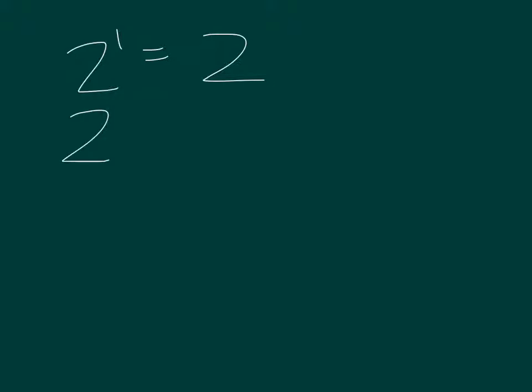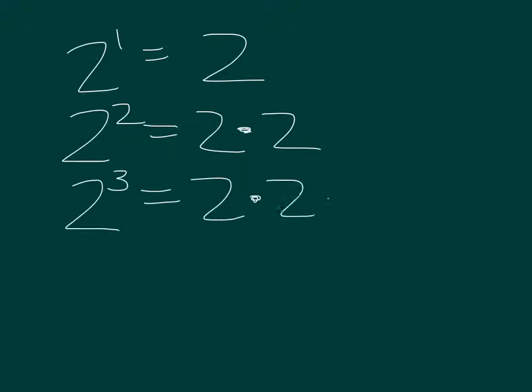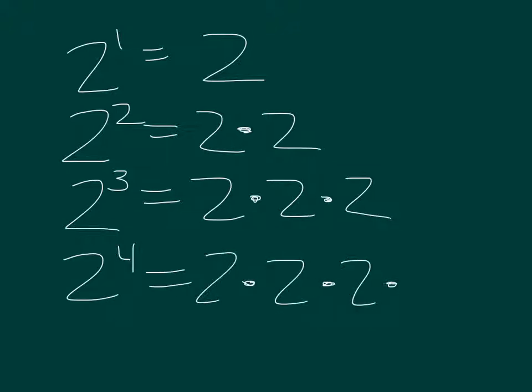And then you've got 2 squared would be 2 times 2, and 2 to the 3rd is 2 times 2 times 2, and 2 to the 4th is 2 times 2 times 2 times 2, and that continues many times.